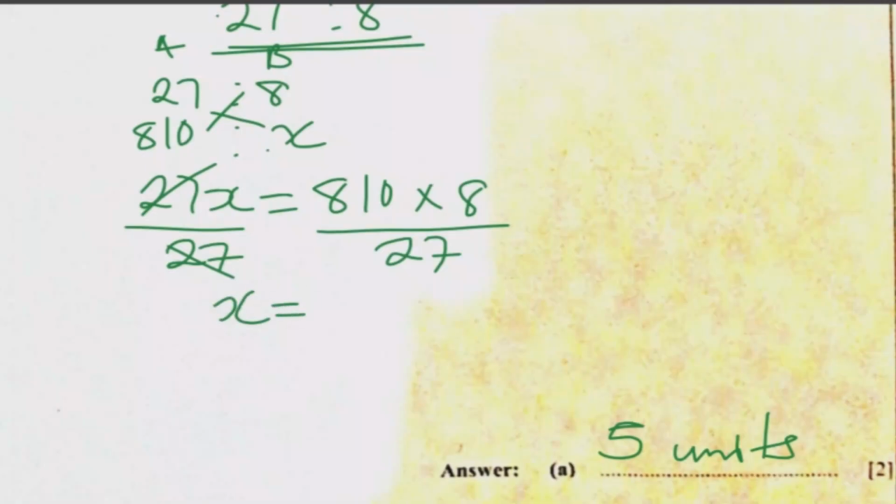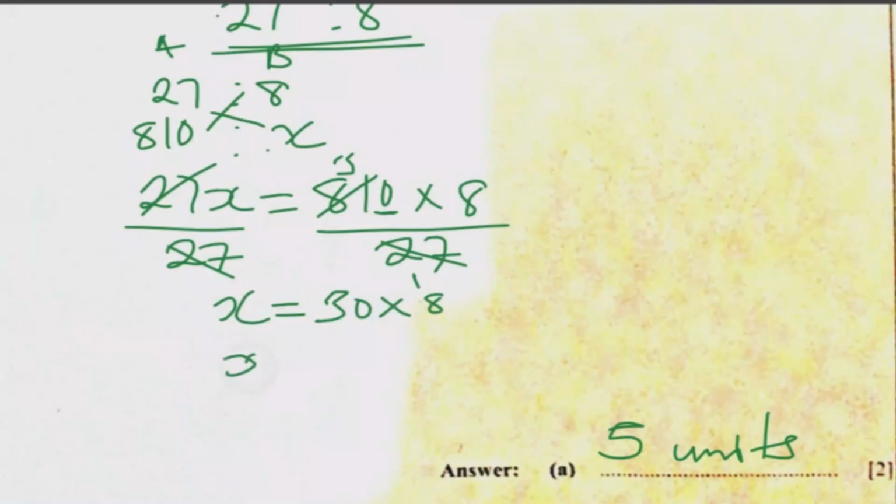Then we ask what number can go into 27 and the numbers above. 27 into 81 goes 3 times, 27 into 27 goes 1. So that leaves us with x equal to 30 times 8.